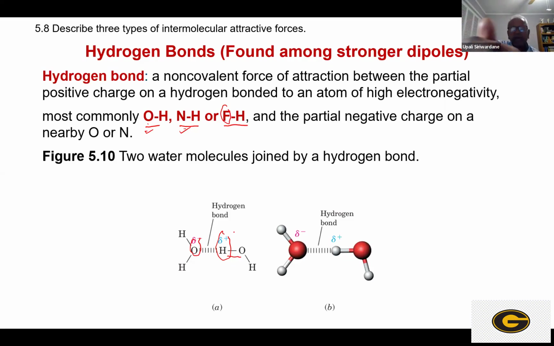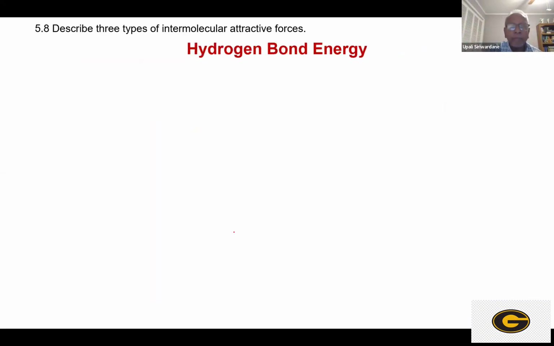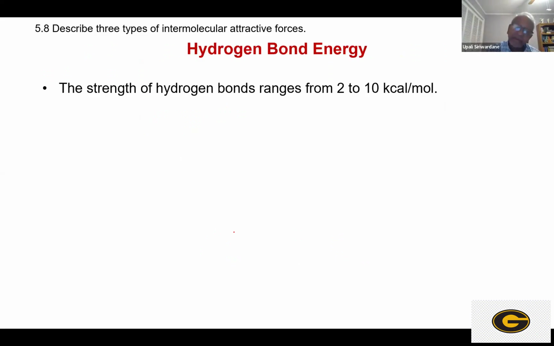This is hydrogen bonding when OH, NH, and FH are the dipoles. Hydrogen bonding is the largest intermolecular force. It's between 2 to 10. I talked about it. It is the brightest, or the strongest. When this is present, compared to the other two, this is the prominent one. Therefore, the other two are overshadowed.